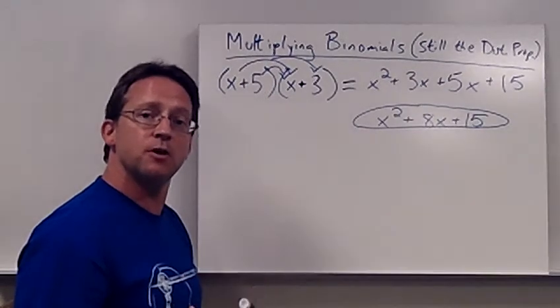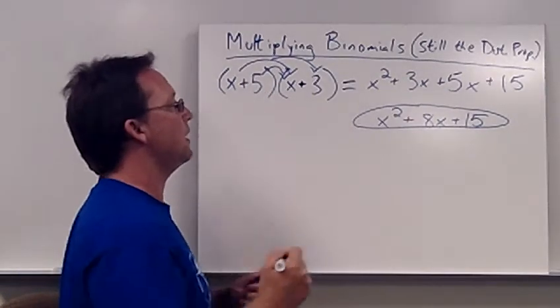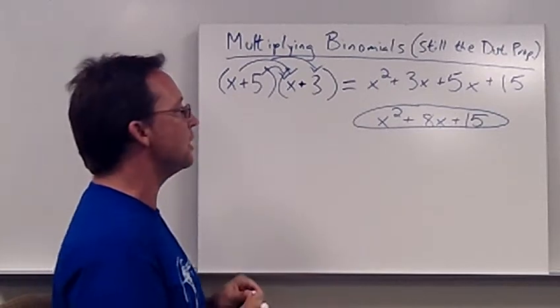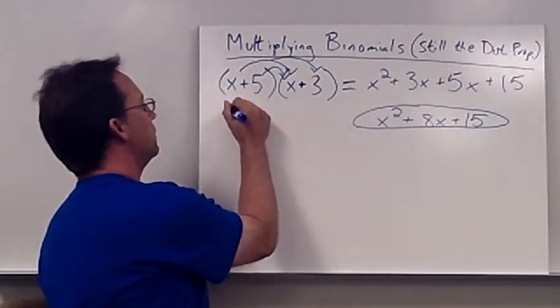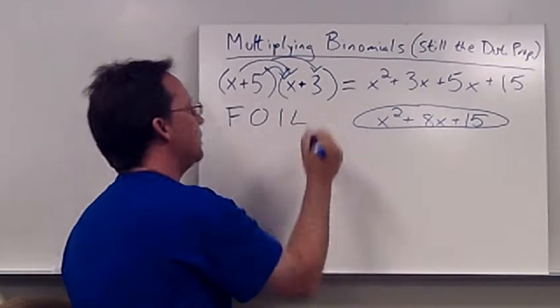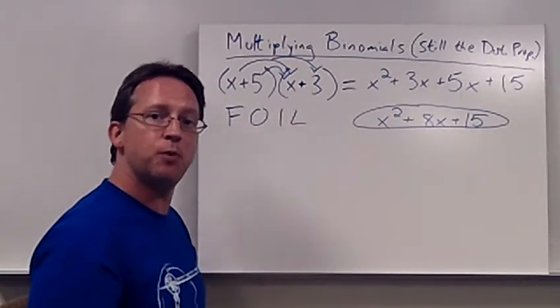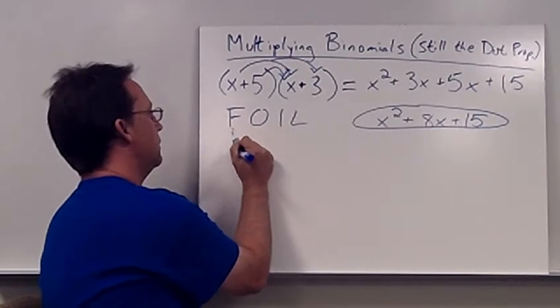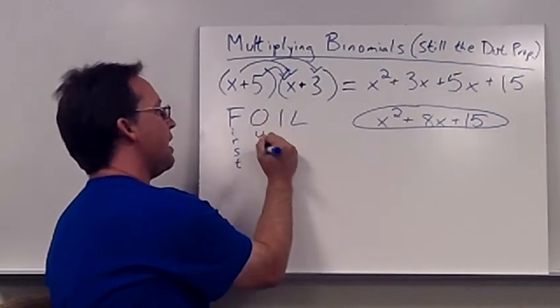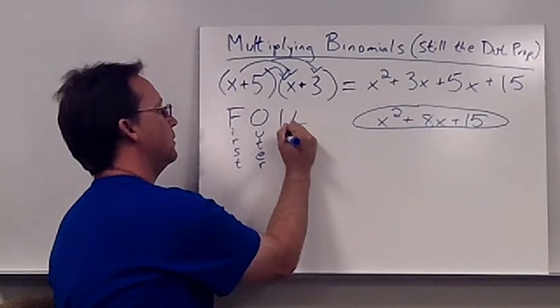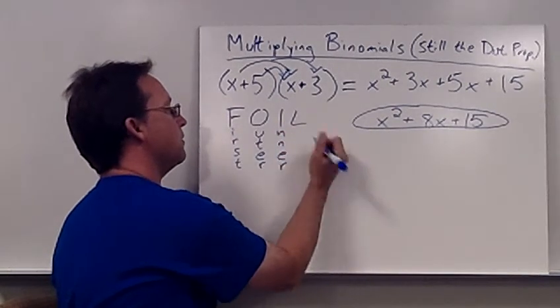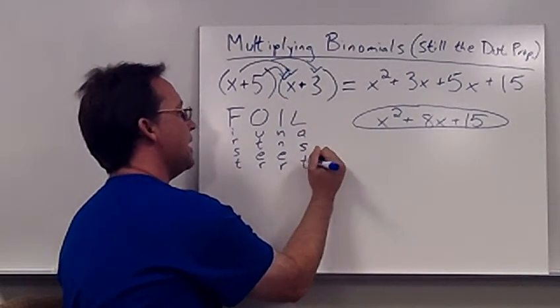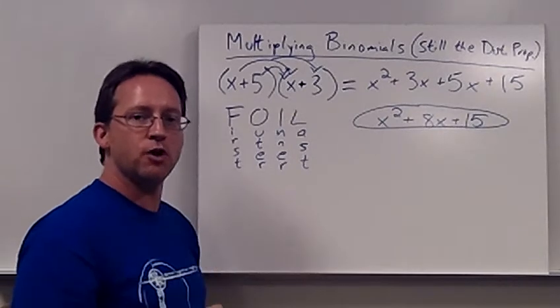Now you may be familiar with something called FOIL, and that's the process that we've done there. FOIL is a way to remember how to multiply binomials. It stands for first, outer, inner, and last. So you remember what you're multiplying together.